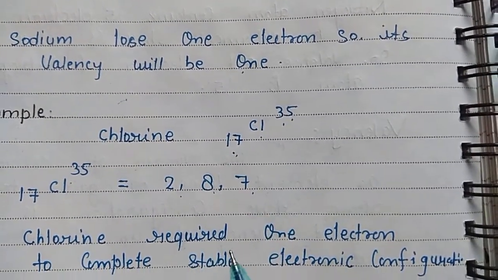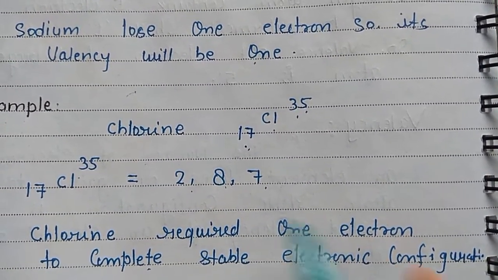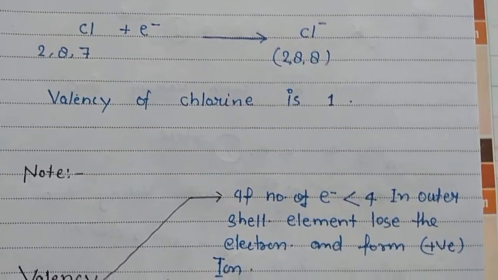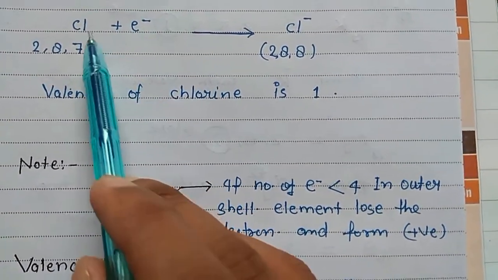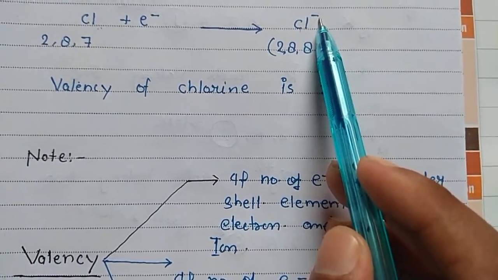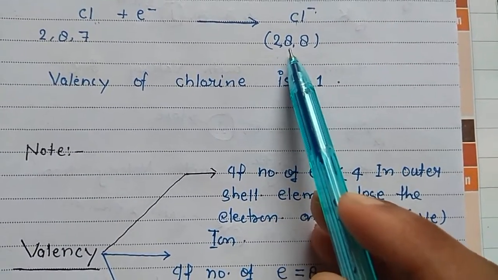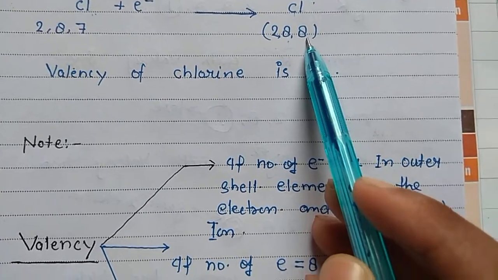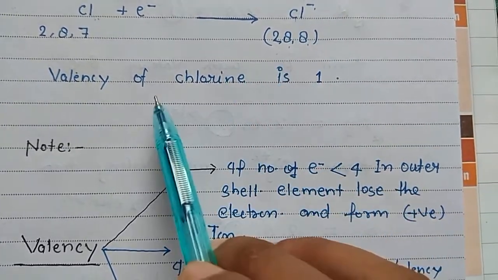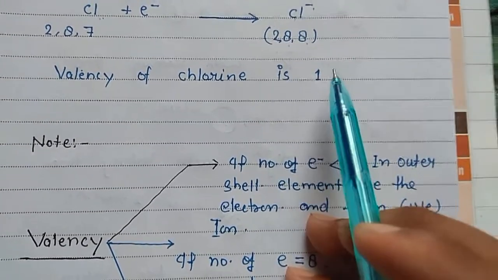So chlorine requires 1 electron to complete stable electronic configuration. Chlorine gains 1 electron and forms Cl minus 1 charge ion, and its electronic configuration becomes 2, 8, 8. Chlorine gains 1 electron, so its valency is 1, and you will also write minus 1.